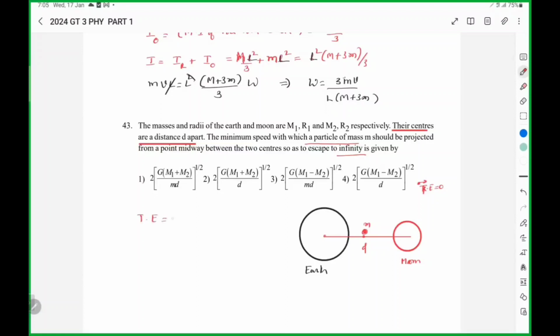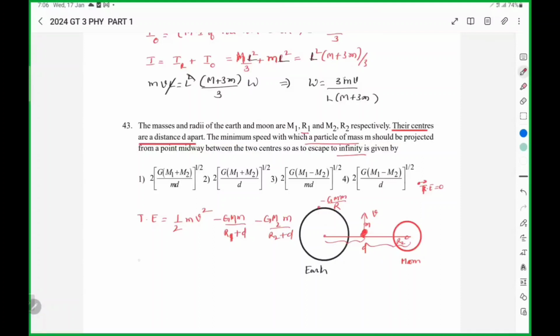The total energy: first, when it is here, it is projected with some velocity. With respect to Earth, the potential energy is this, and at this point the potential energy is due to Earth, with R1 the radius of the Earth given, and due to Moon, with M2 the Moon mass, and the distance R2.